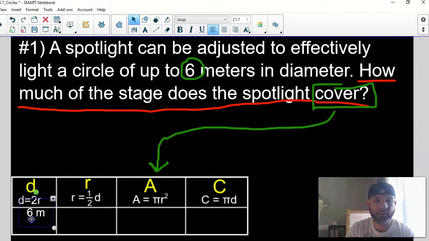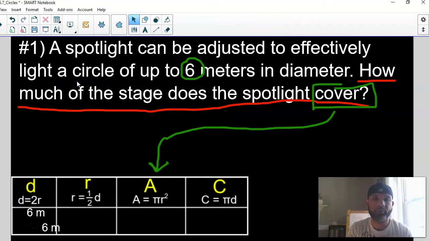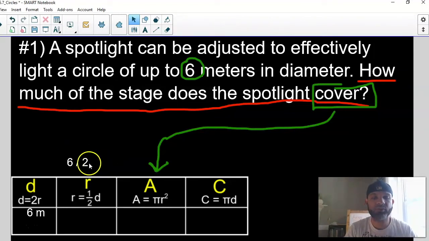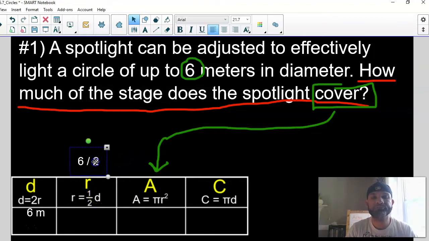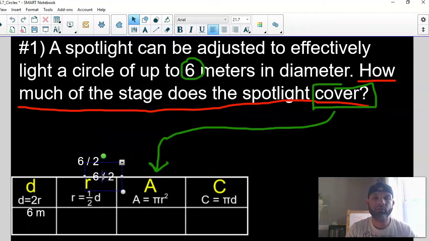So there's our diameter. Now, what is the radius? Well, the radius is half of the diameter. If we know that the diameter is 6, what's half of that? In other words, 6 divided by 2. Whenever you take half of something, you divide it. What is 6 divided by 2? Well, that tells us that the radius of this spotlight is 3 meters.